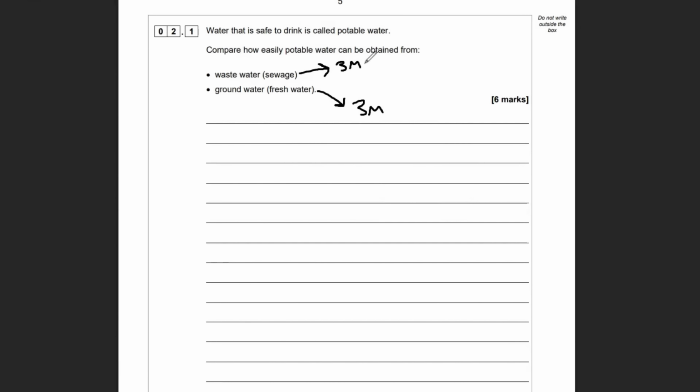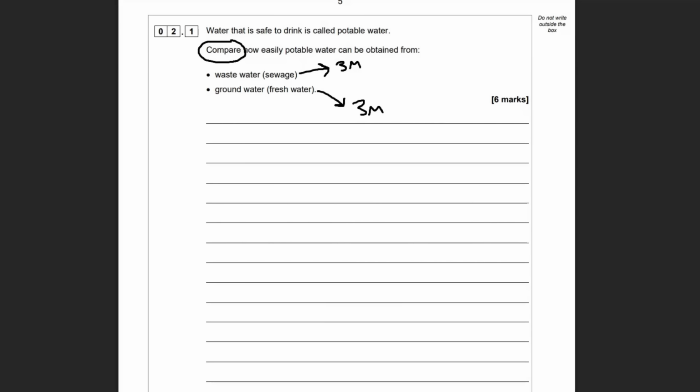So if you can get most of the processes that go on with treatment of sewage, and most of the processes with the treatment of groundwater, we're going to get all the marks, right? Now, you could compare, as in, say things that are similar between the two and things that are different. So when you see compare, think things that are similar and things that are different.